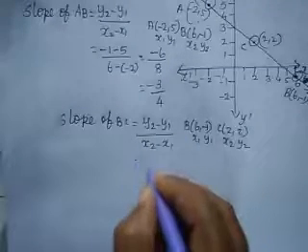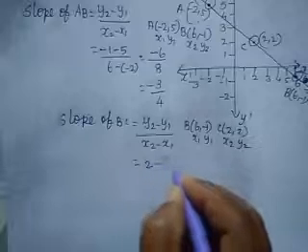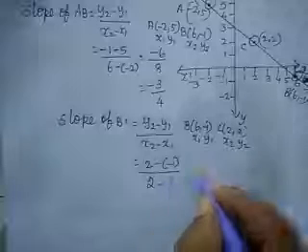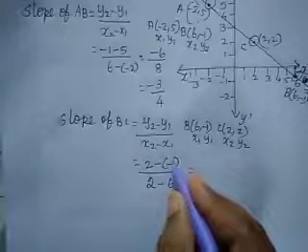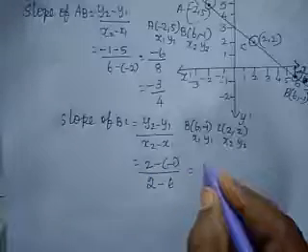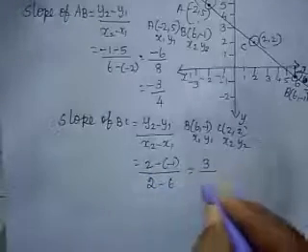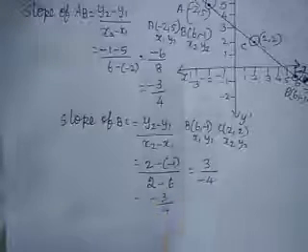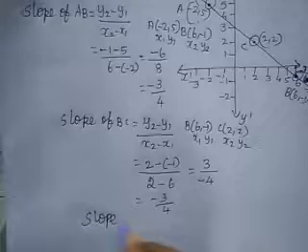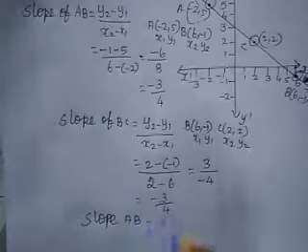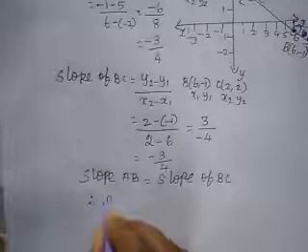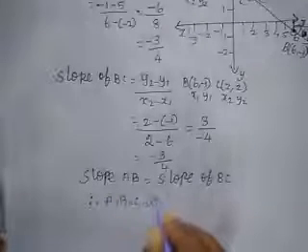Here y2 is 2, y1 is -1, x2 is 2, x1 is 6. 2 minus of -1 is 2 plus 1, so 3, by 2 minus 6 is -4. So this is also -3 by 4. So slope of AB is equal to slope of BC. Therefore, the given points A, B, C are collinear.